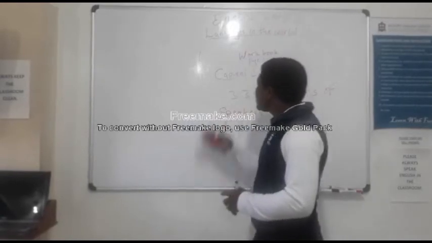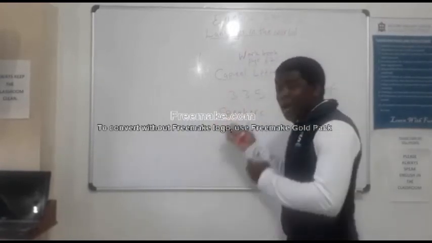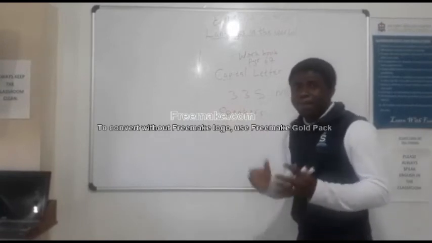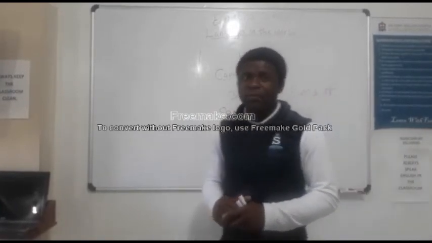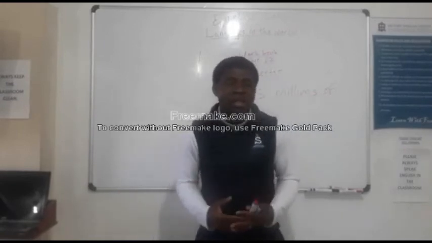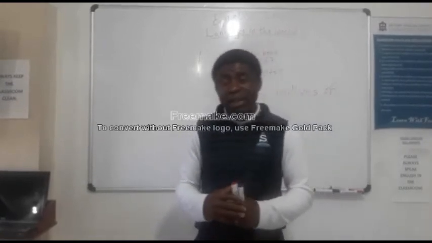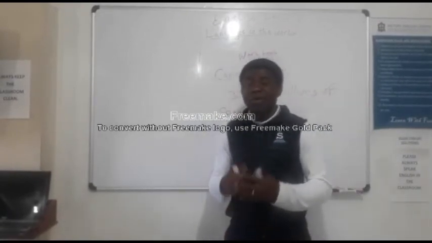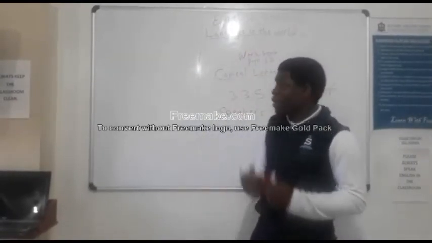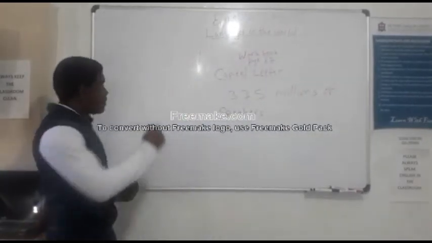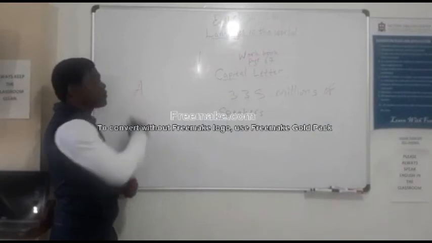Okay? Now, briefly, I want to teach you how to use the capital letter in English. Sometimes most students don't understand how to use the capital letter in English. English has rules. English has principles. For example, the capital letter of A is this.